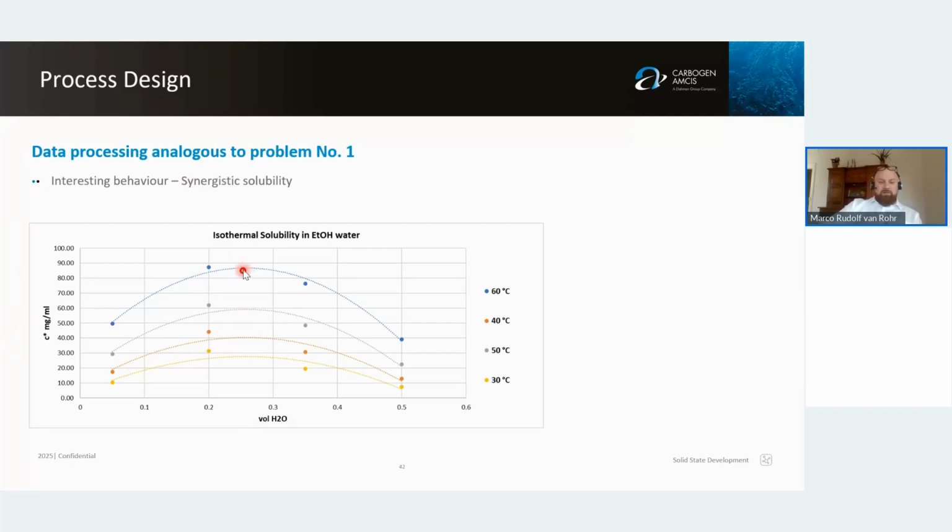That's quite interesting. That's not wrong data because it's based on 16 single data points. So I know this is reality. All single data points show me that approximately in this region must be the synergistic solubility peak. Quite interesting, quite good to know.